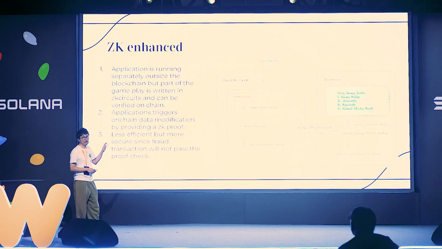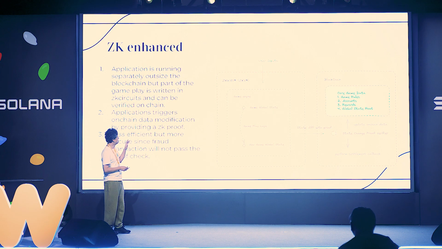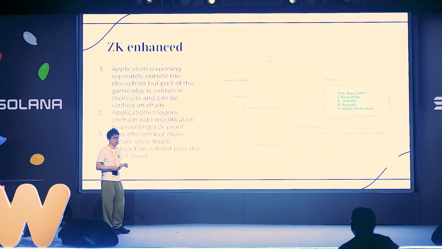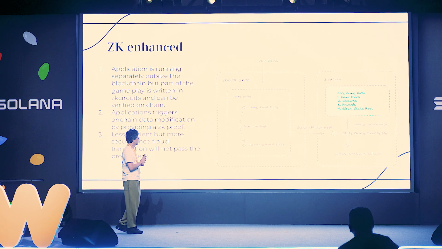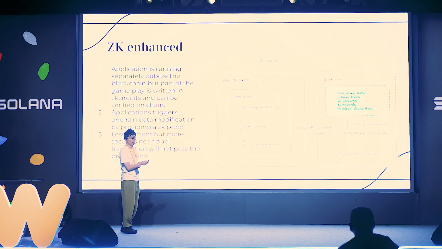It's fully trustless off-chain. So the ingredient is that instead of running a game engine on the left-hand side standalone, we actually run that in a zkWASM virtual machine. So every time we submit the state changes from the left-hand side to the right-hand side, we not only submit the data change, we also submit the proof.